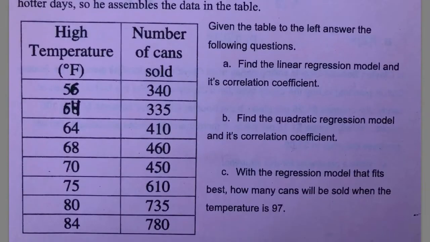All right, for 11, we're asked to find the linear regression, the quadratic regression, and the correlation coefficient for both in between A and B. So what we have to do first, and it was on your notes for your regression notes, go to second, 0 to go to your catalog, and then go down to where it says diagnostics on.